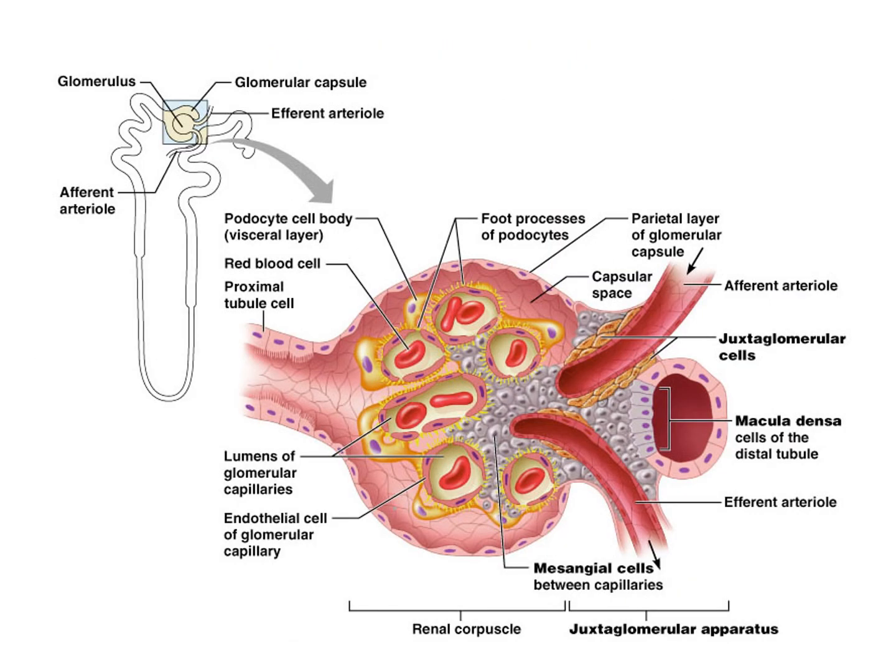Okay, and that was just a review. This is a high-powered magnification of the glomerulus here inside the glomerular capsule, also called the Bowman's capsule, which is the beginning of the tubular system. Here's an afferent arteriole, and there's an efferent arteriole.